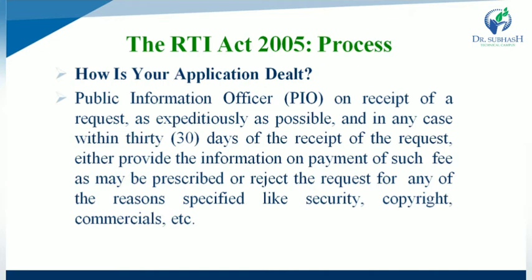The Public Information Officer, called the PIO, on receipt of a request, as expeditiously as possible, and in any case within 30 days of receipt of the request, should either provide the information on payment of such fees as may be prescribed, or reject the request for any of the reasons specified, like security, copyright, commercial reasons, etc.